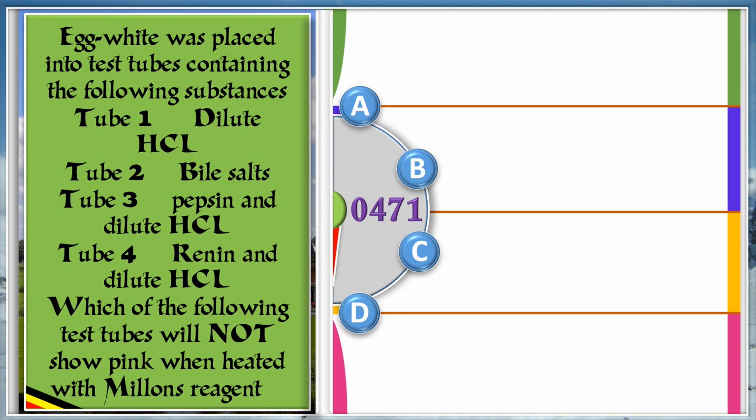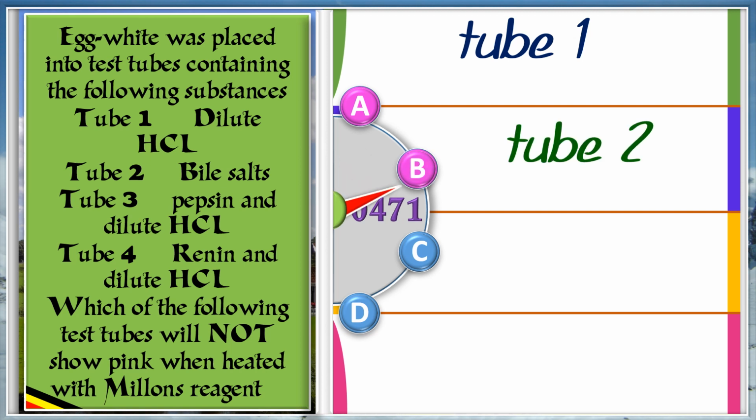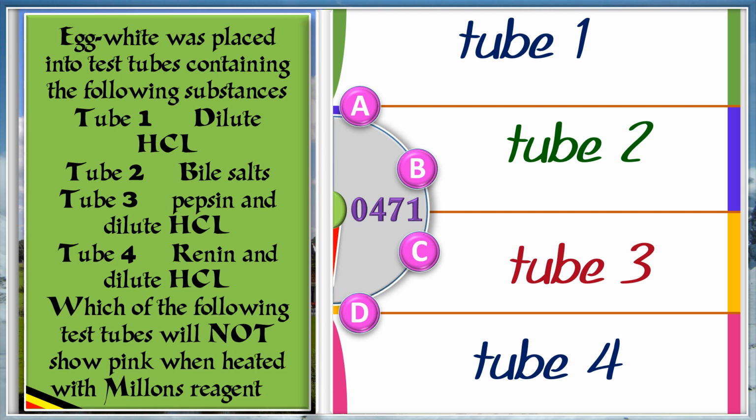Which of the following test tubes will not show pink when heated with Millon's reagent? A. Test tube 1. B. Test tube 2. C. Test tube 3. D. Test tube 4. And the answer is C. Test tube 3.